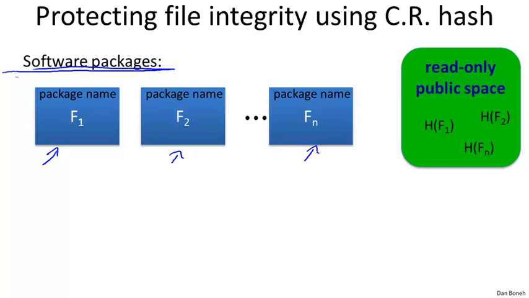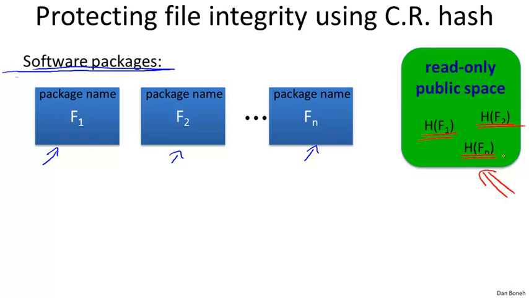Now the user wants to download the software package, and he wants to make sure that he really did get the correct version of the package, and not some version that the attacker tampered with and modified its content. So what he could do is refer to a read-only public space that's relatively small. All it has to do is hold small hashes of these software packages.